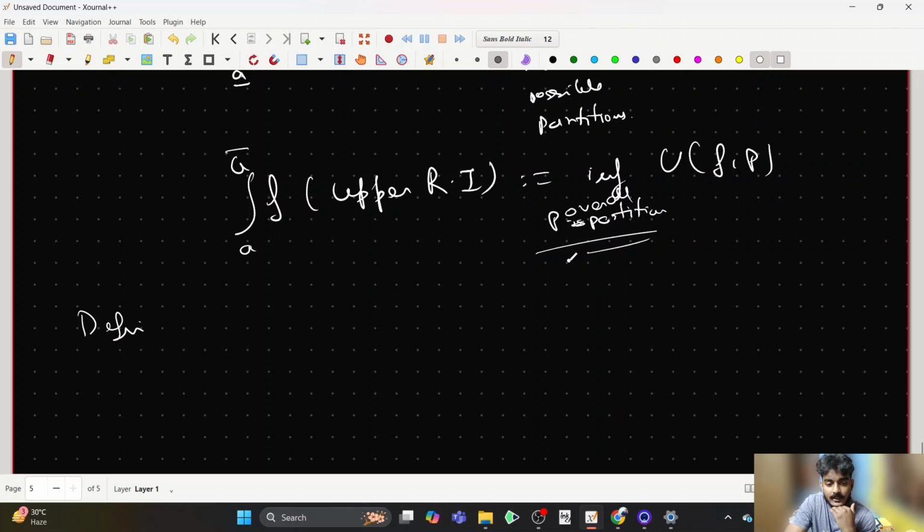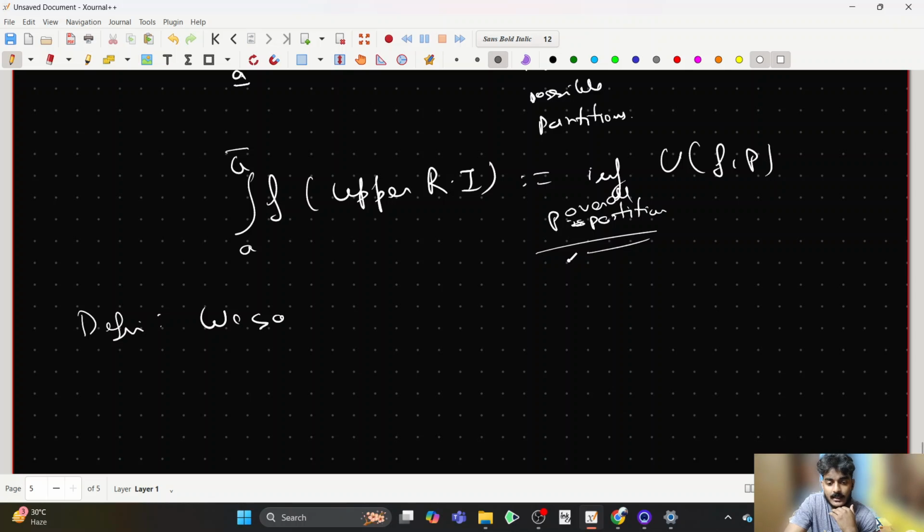Define the integral of f. This is called the Riemann integral, or rather, let us not do it in this way. We state it in this way rather.